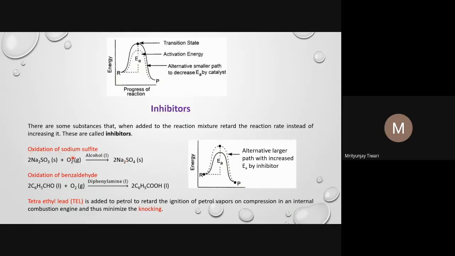The examples of such inhibitors are like this. In the oxidation of sodium sulfite, the sodium sulfite reacts with oxygen to form sodium sulfate. But when you add traces of alcohol, the rate of this reaction decreases in the presence of alcohol.